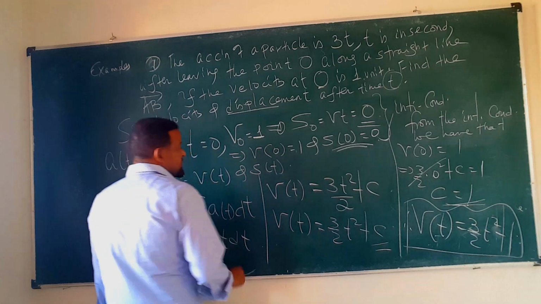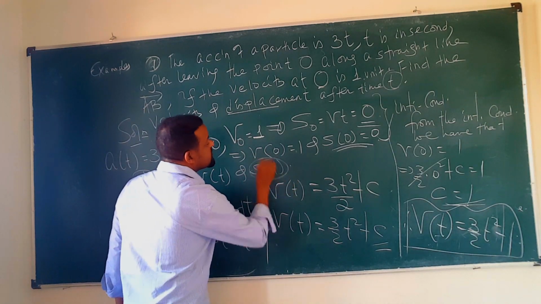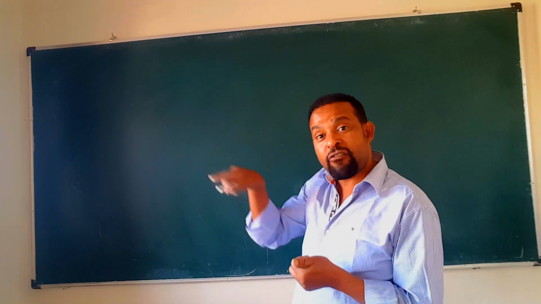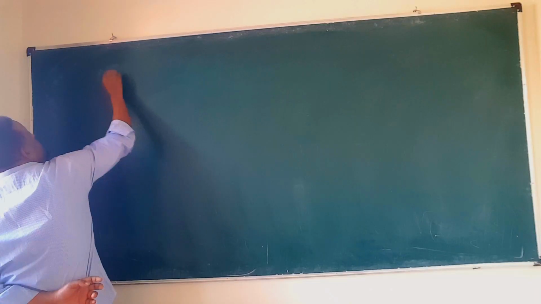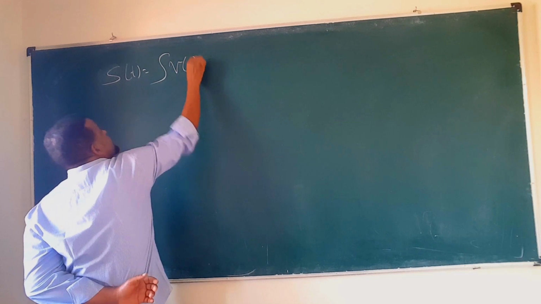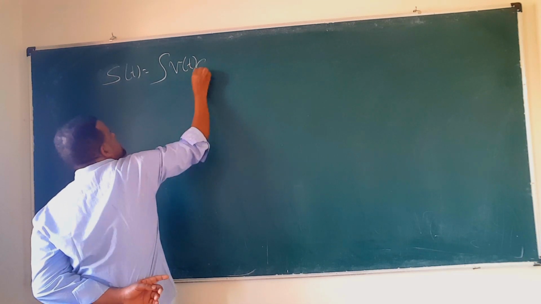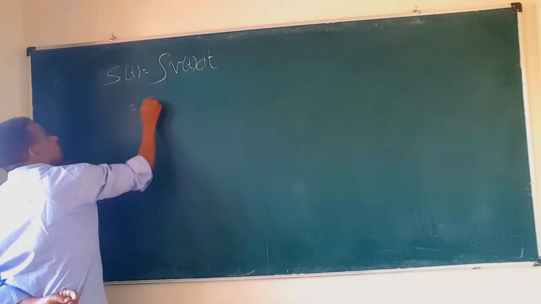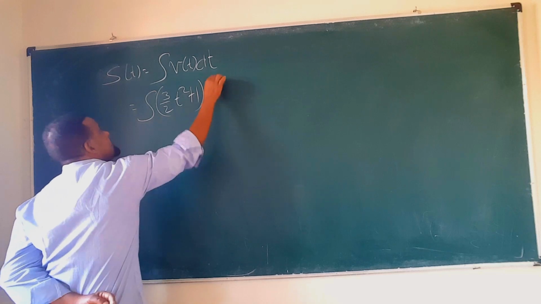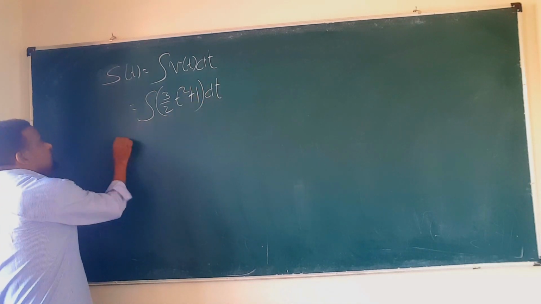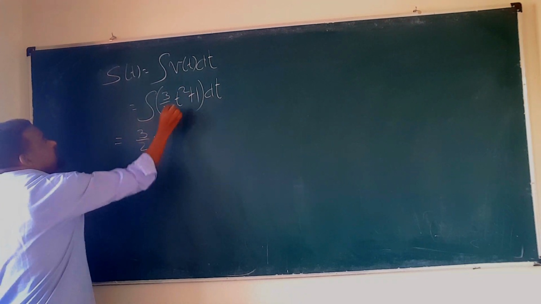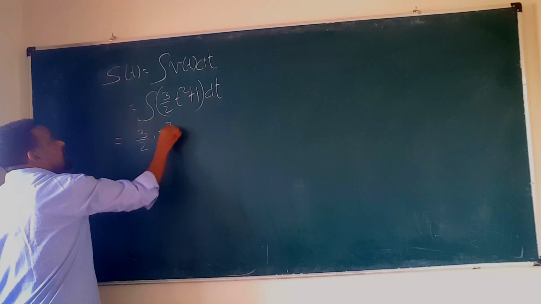Next, let's find displacement as a function of time. You know that displacement is the integral of velocity with respect to time. So the displacement function s of t is given by the integral of v of t with respect to t. That is the integral of 3 over 2 t squared plus 1 with respect to dt. So that is 3 over 2 times the integral of t squared, which is t cubed over 3.